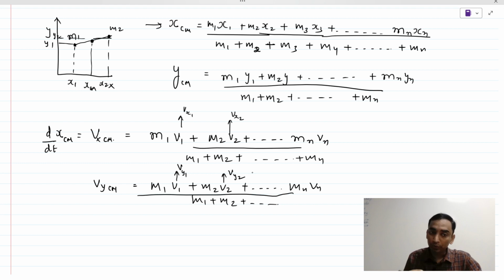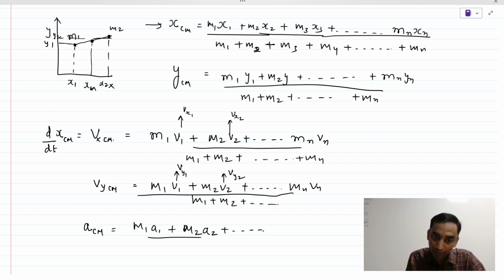Now if you differentiate this equation one more time, you will get the formula for the acceleration of the center of mass. Differentiating the x coordinate of the center of mass, I get m1 a1 plus m2 a2 and so on divided by m1 plus m2 and so on.